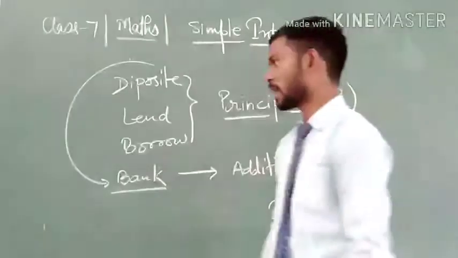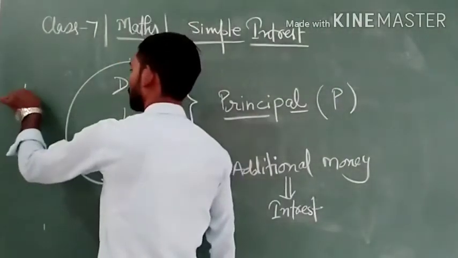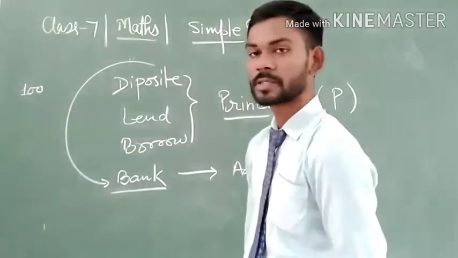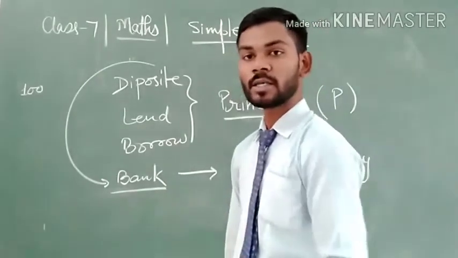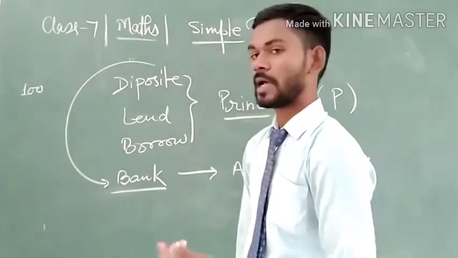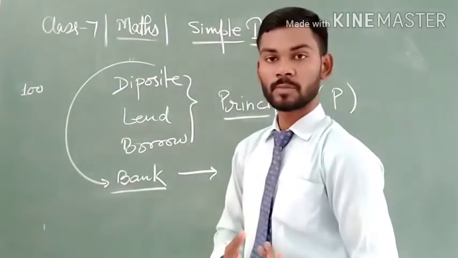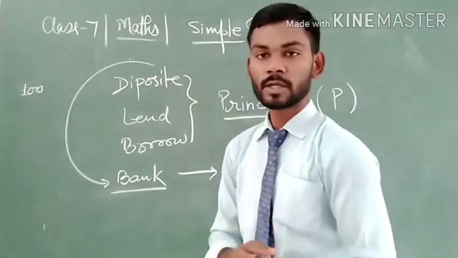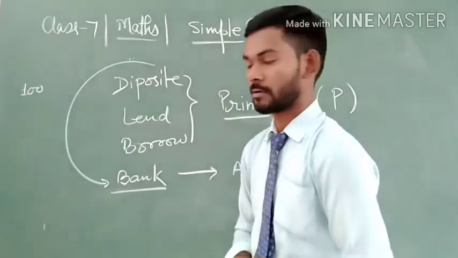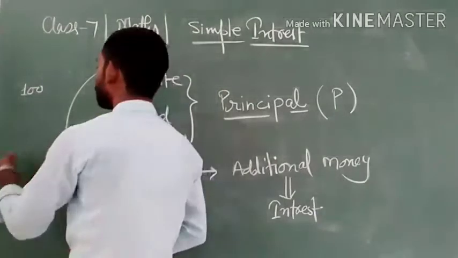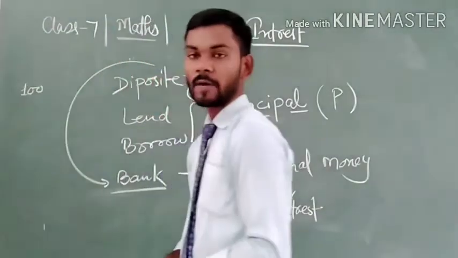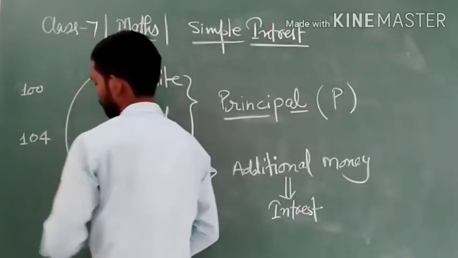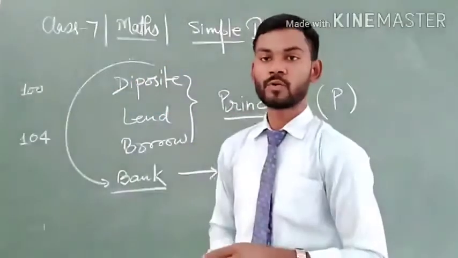Just suppose that you have deposited 100 rupees in the bank. After a year, if you go to the bank and want to withdraw your total money, then you will not get 100 rupees. You will get money which is a little greater than 100. Suppose that you get 104 rupees.